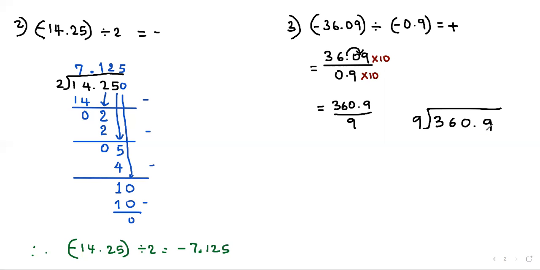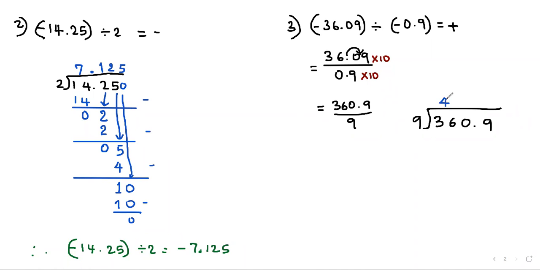Okay. So 3 divided by 9, is it possible or not possible? Not possible, because 3 is smaller than 9. So let's put it together to have it as 36. What is 36 divided by 9? 4.